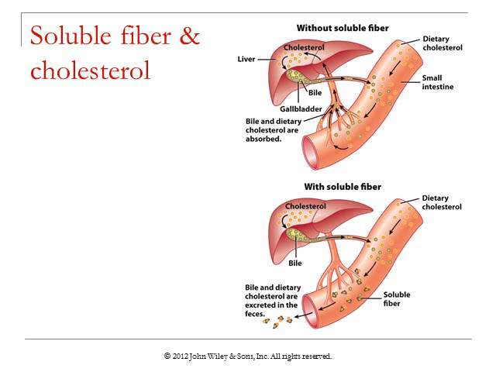So bile then is going to mix with that food. So without soluble fiber, we're going to use the bile to help mix the fat with the enzymes and materials in the small intestine, and then we reabsorb the bile and put it back into storage. So without soluble fiber, we reabsorb the bile.